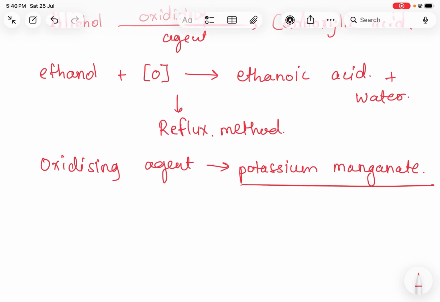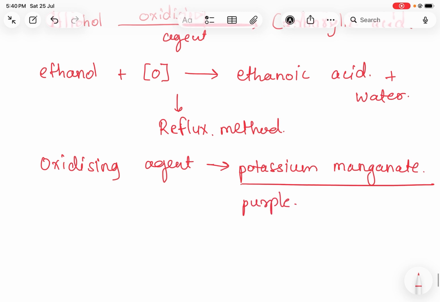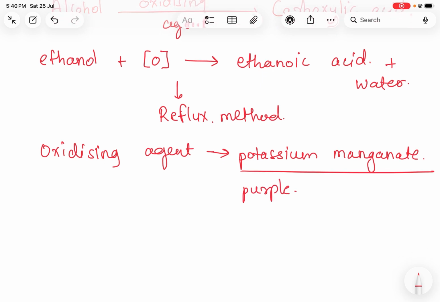When it is being added, it is purple in color, and once the alcohol gets converted to carboxylic acid, it turns colorless. So this is an indication that the alcohol is converted to carboxylic acid.